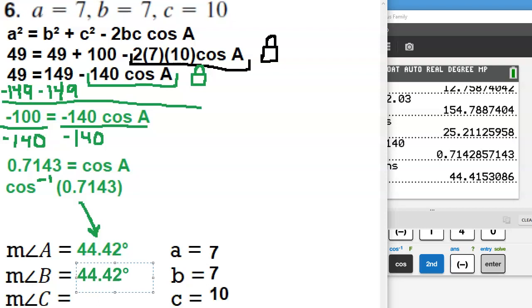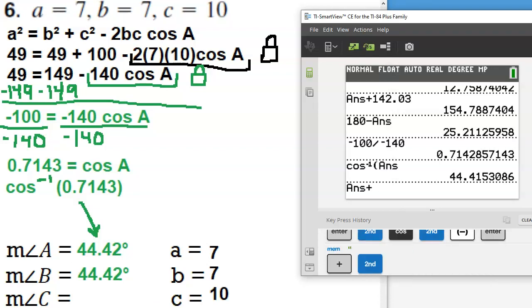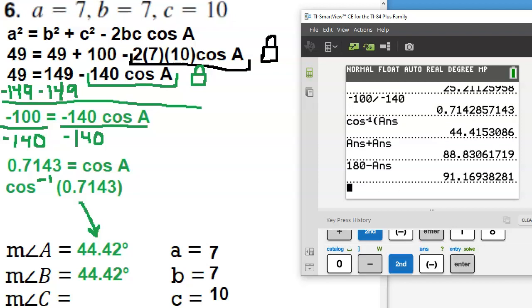Isosceles triangles have two of the same angle. They also have two of the same side. All right. Now what that means is I can just add it to itself and then take that away from 180. And you get 91.17 degrees.